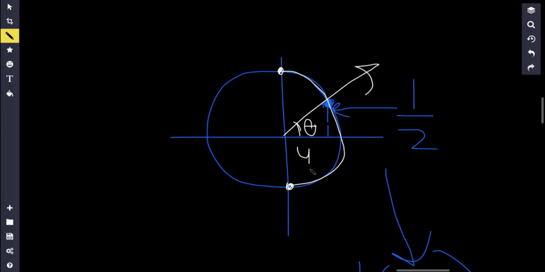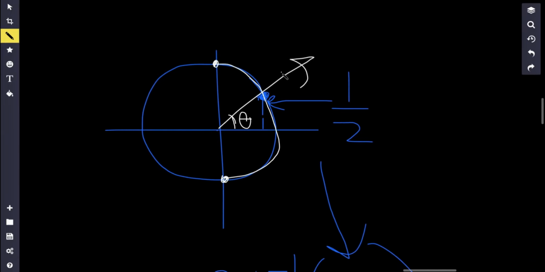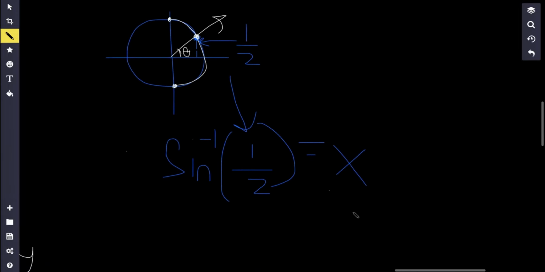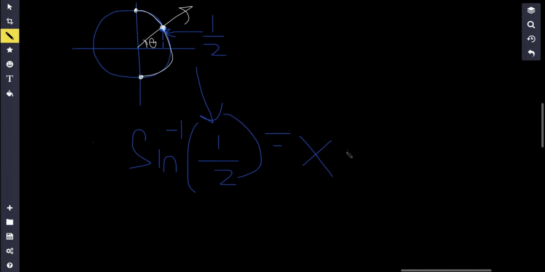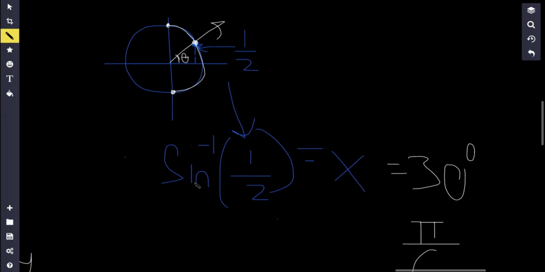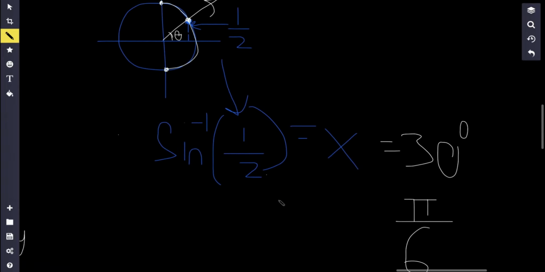So that's why I drew the angle in quadrant 1, because this is our restriction. So what angle corresponds to this? Well, looking back on your unit circle, you might have remembered that an angle of 30 degrees or pi over 6 corresponds to a y value of 1/2.